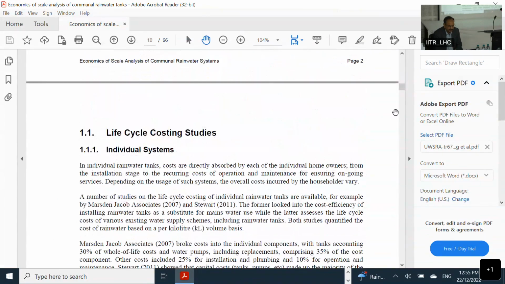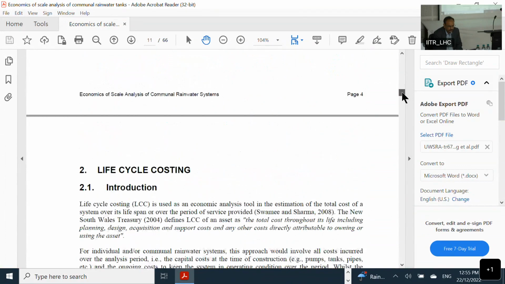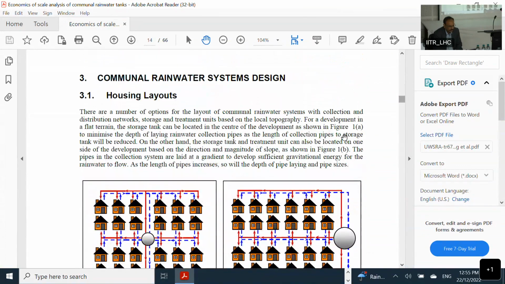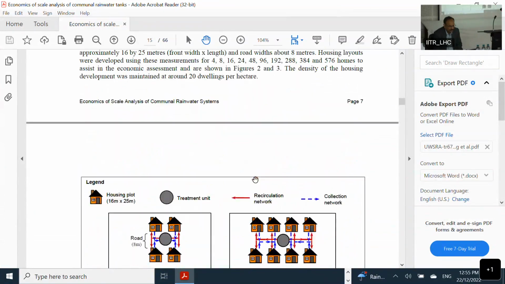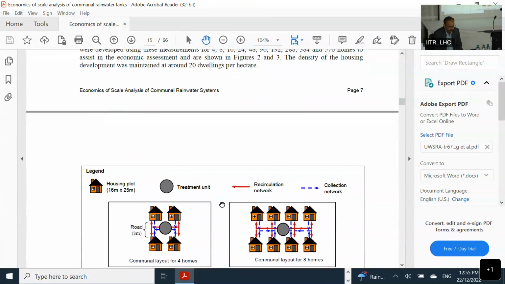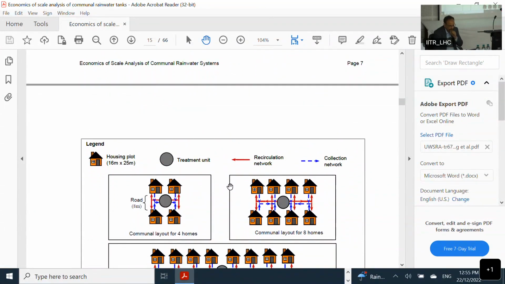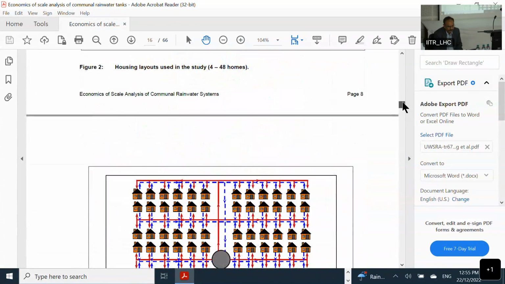And based on that, as I showed you, we started from 4 homes and went to 576 homes. As you can see, there are 4 homes over here. This is the configuration which we developed, and we went up to this.